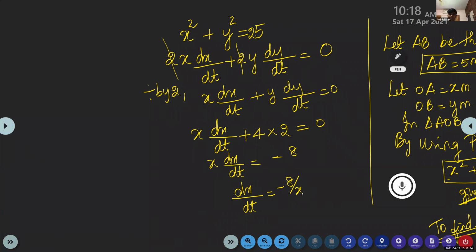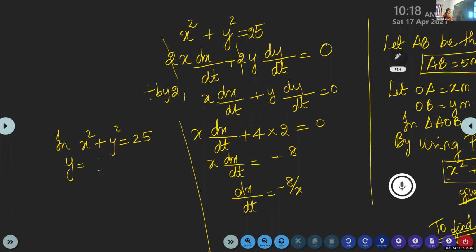Pythagoras. Yes, very good. Again, you take the Pythagoras theorem. In x square plus y square is equal to 25, the y value is given as 4. Substitute it. When y is 4, x square plus 16 is equal to 25. So x square is equal to 25 minus 16, which is 9.